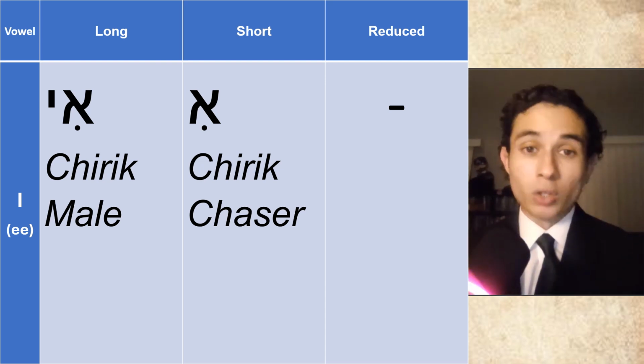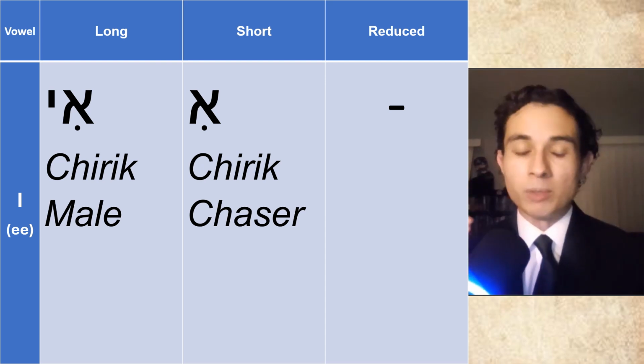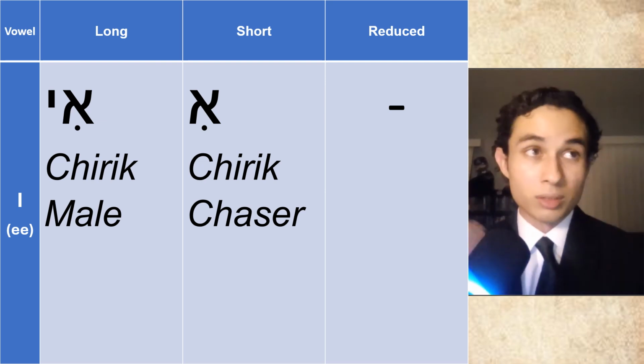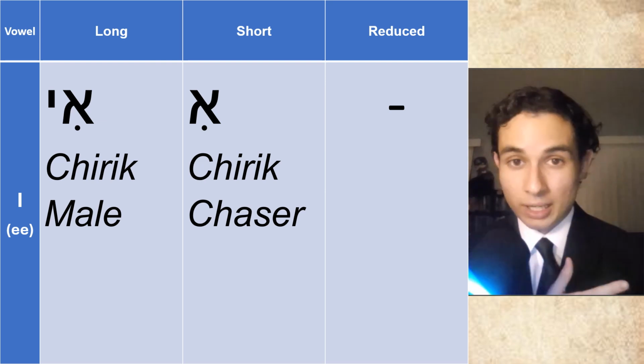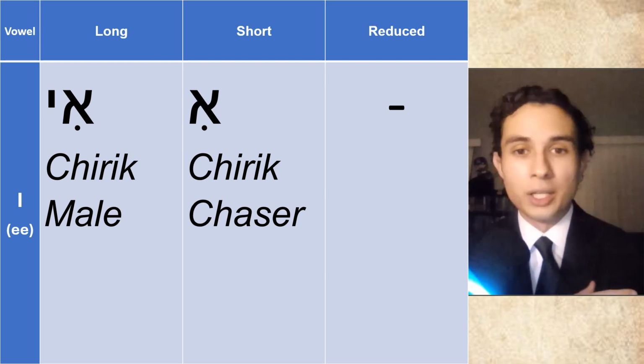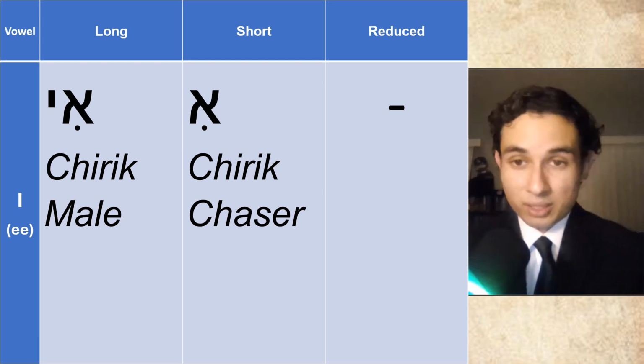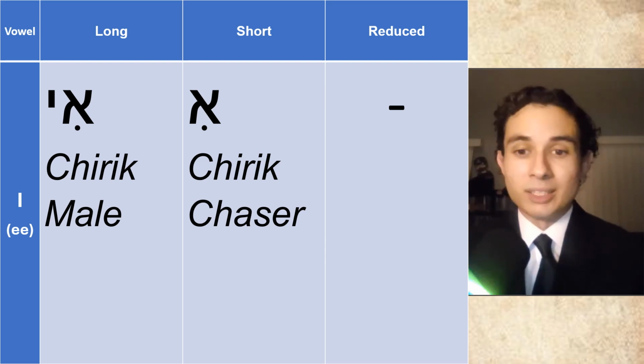Most, if not all, transliterations I've seen of this vowel do use the letter I. Very rarely do I see a double E, except people that are just beginning, to help them remember. But I can't show you a single Siddur or a single piece of Jewish literature that I have right in front of me that uses the double E. It's pretty much 99% of the time the letter I, representing that E sound.